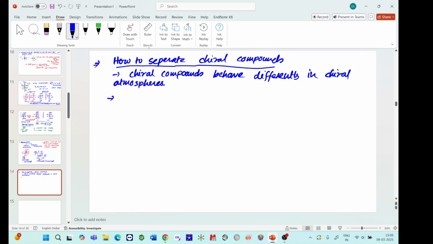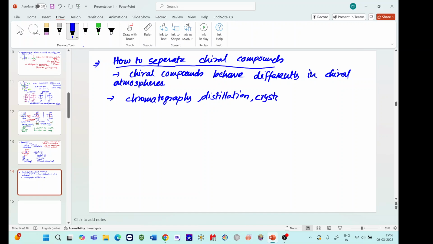For separating normal compounds we generally do chromatography, then distillation. What else can you do?